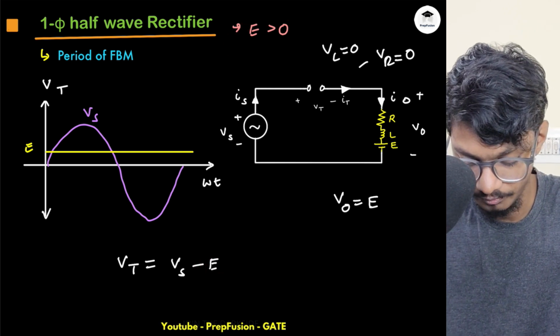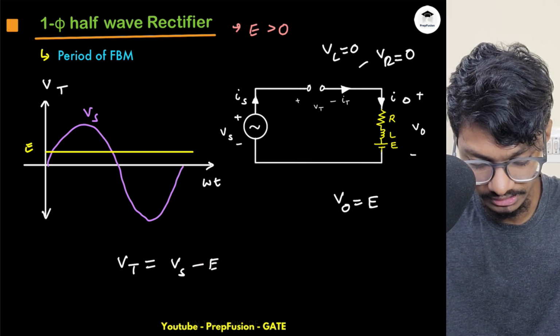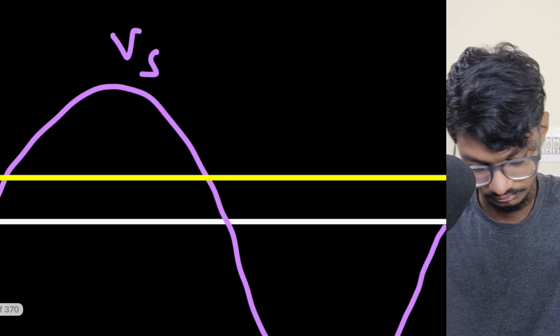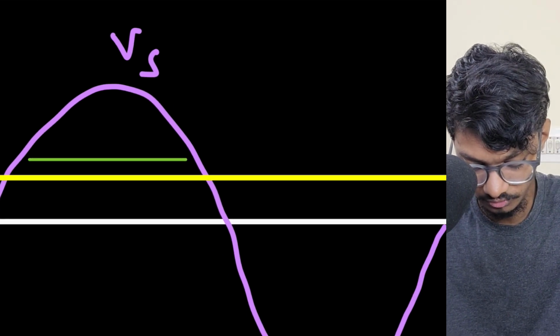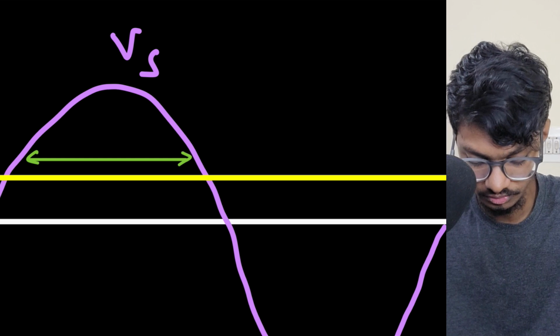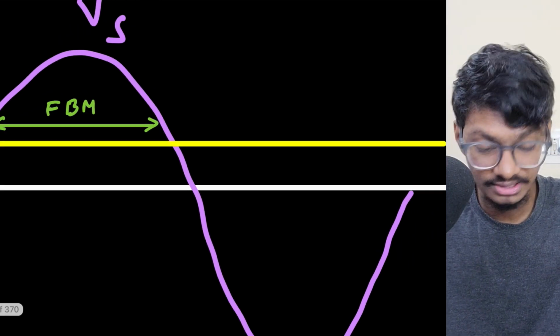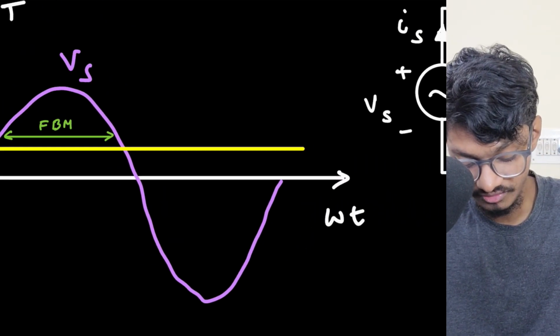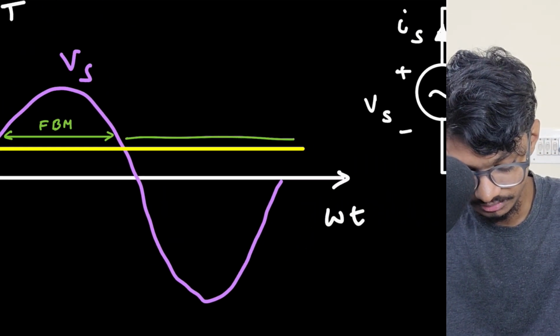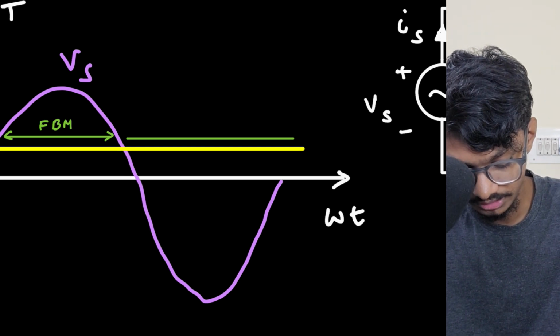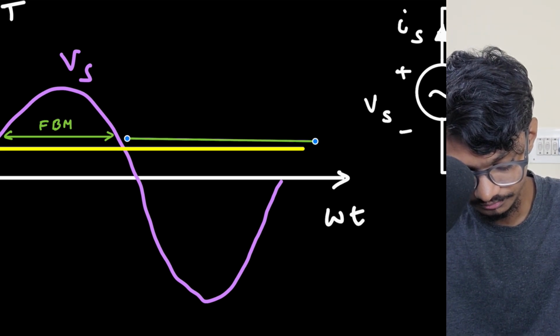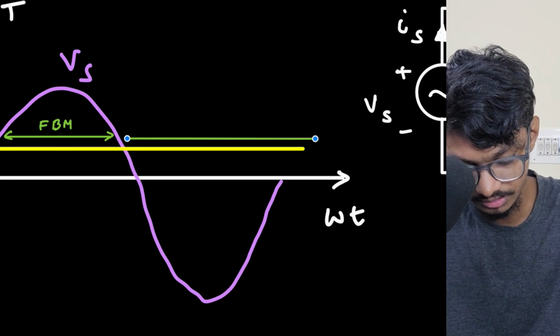So the region of forward blocking mode will be only this. And what is the region of reverse blocking mode? The region of reverse blocking mode has increased from here to here, because here also it will still be in reverse blocking mode.